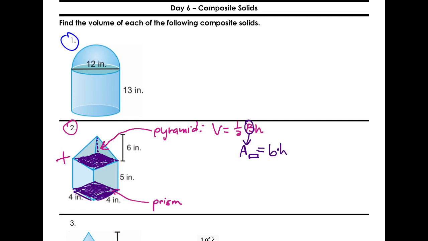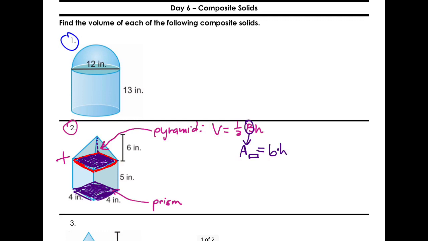It's a rectangle formula, but it's a square. You're getting it off of the square at the bottom of the pyramid, which is why it's our big B.